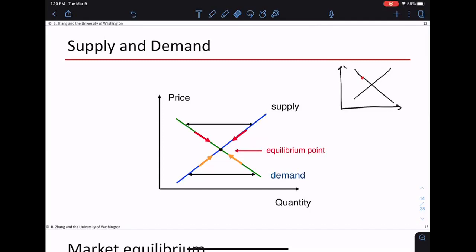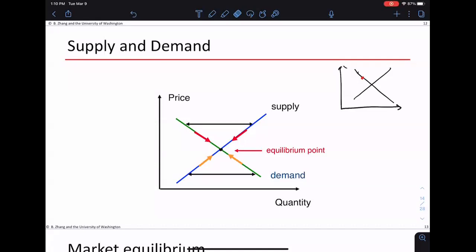Right. So why is this red dot not equilibrium? Why do we call the intersection point equilibrium? If I'm the system operator and I told the demand, hey, I don't want you to operate at the point where you guys cross.